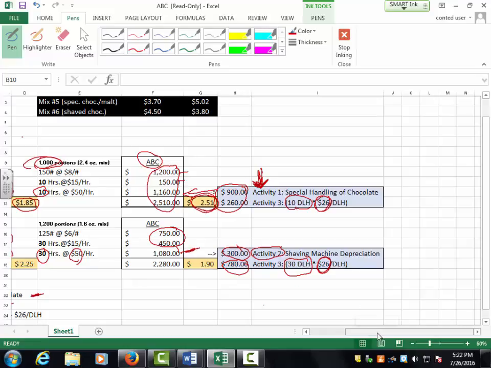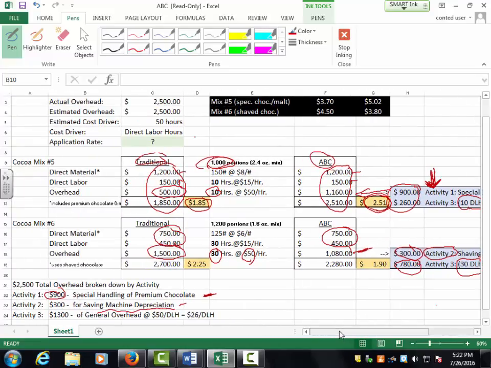So if we add these numbers together, divide by 1200 portions, the cost is 225. If we add these numbers together, divided by 1200 portions, it's 190. So under a traditional approach, we would say that recipe 6 cost us $2.25 per portion.